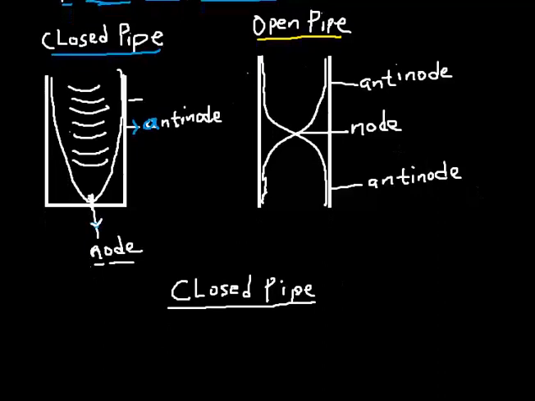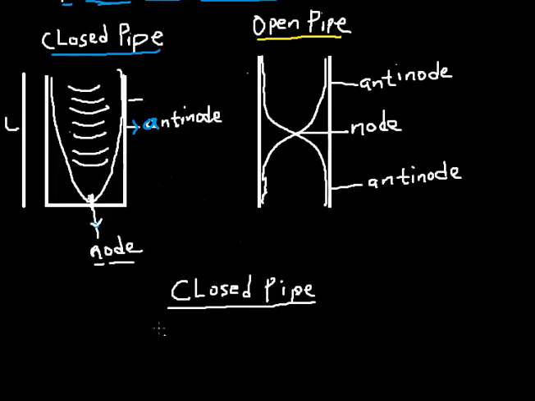Now, how do we get to know the very first frequency that is produced in a closed pipe? Don't forget that we need to measure the length of the pipe. The length of the pipe is equivalent to the length of the air column that's set into vibration.